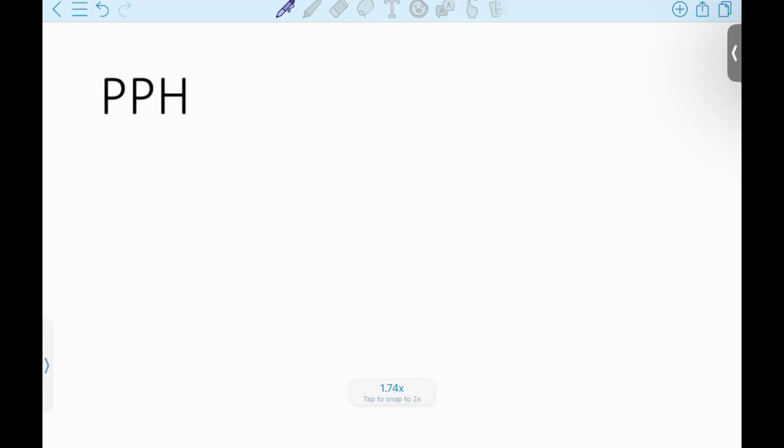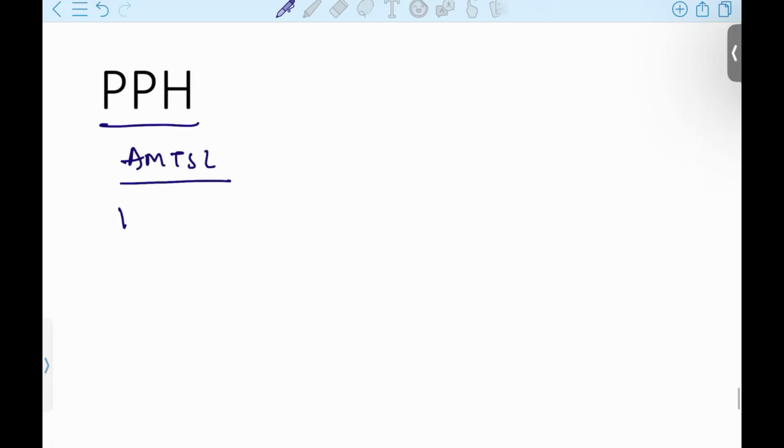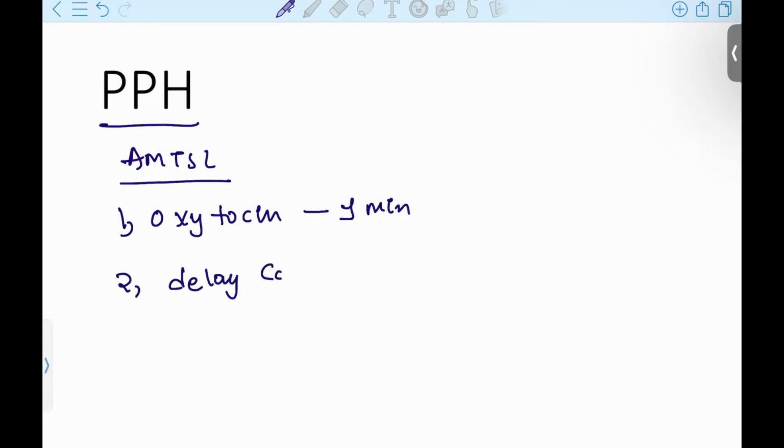Next topic is postpartum hemorrhage. In postpartum hemorrhage, we should first know how to manage the AMTCL in the last stage of labor. According to the AMTCL guidelines, you have to follow 4 steps. First step is to give oxytocin immediately in the 3rd stage of labor, within 1 minute of delivery. Next, the second one is delay the cord clamping. Okay, you should not do it fast.